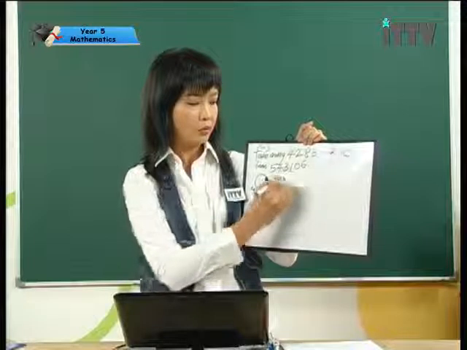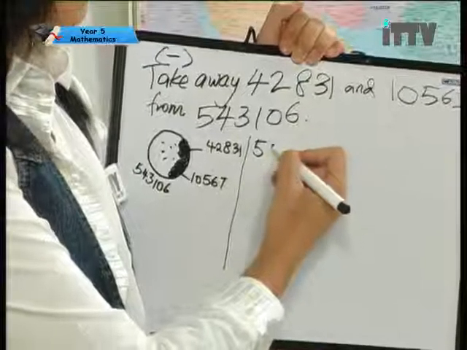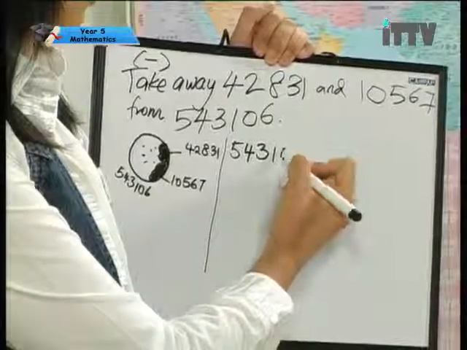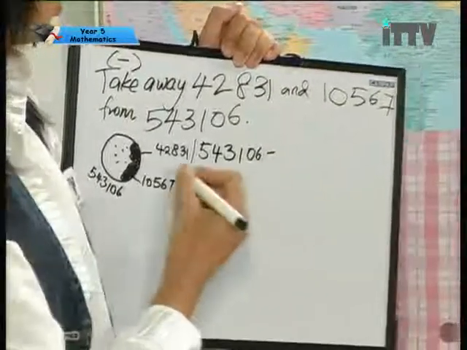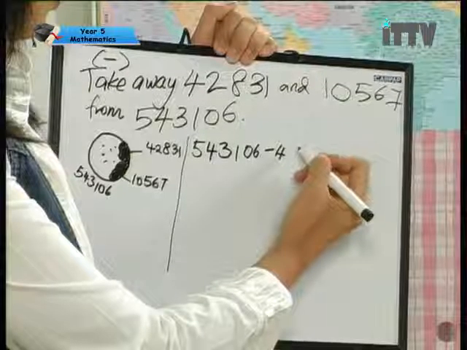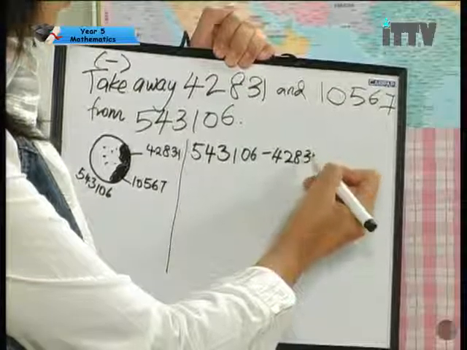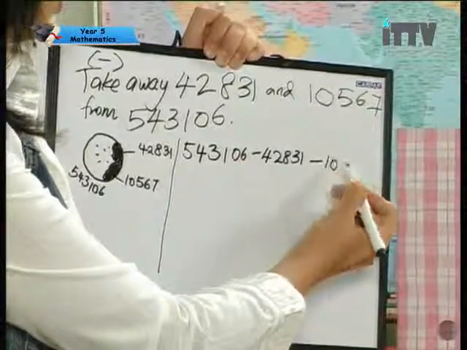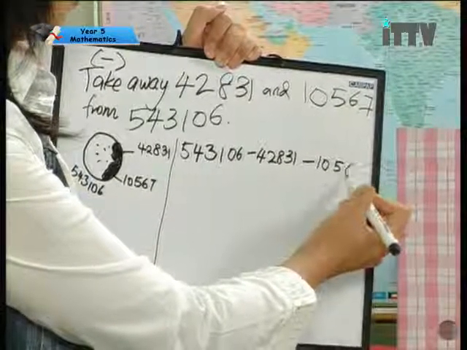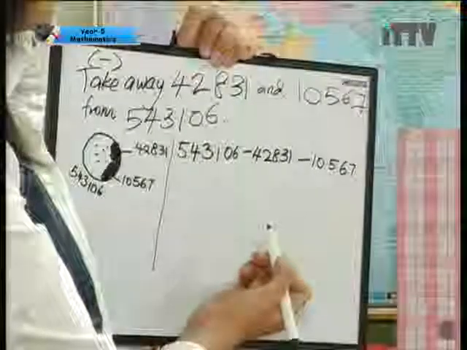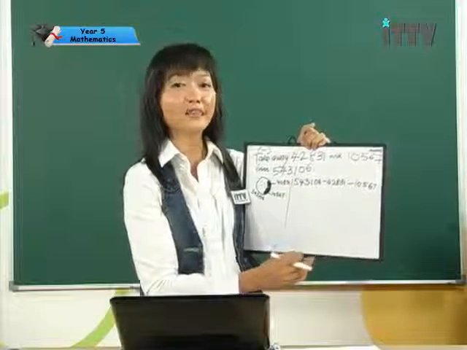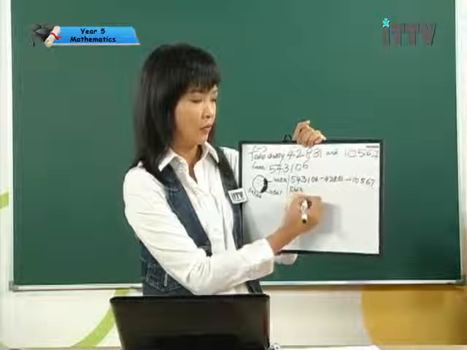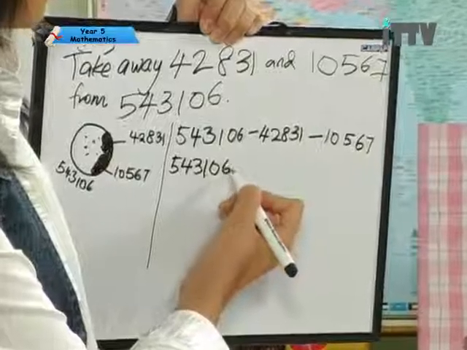If we write it out, 543,106 minus 42,831 minus again 10,567. Now, we shall write this in vertical form. Be careful to write them at the correct place value.